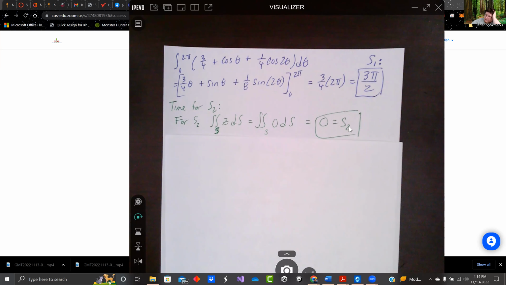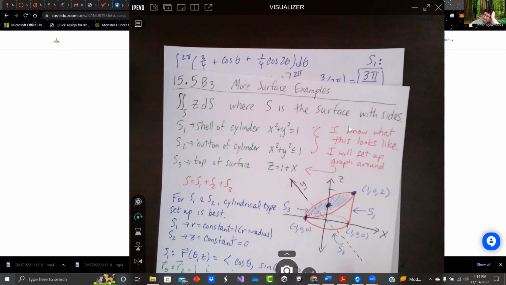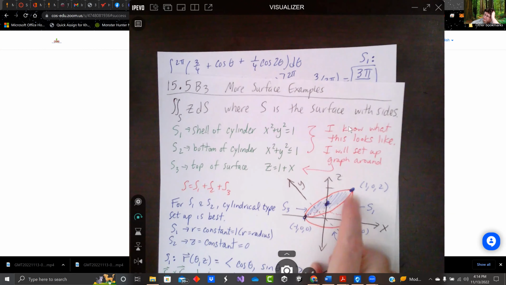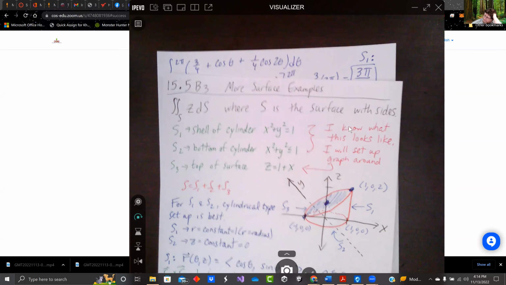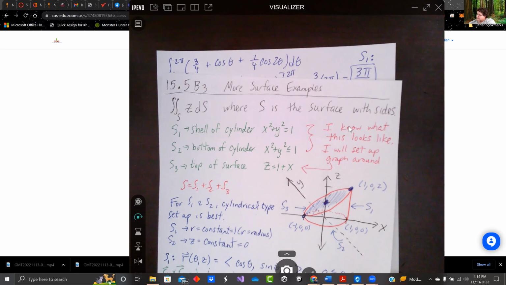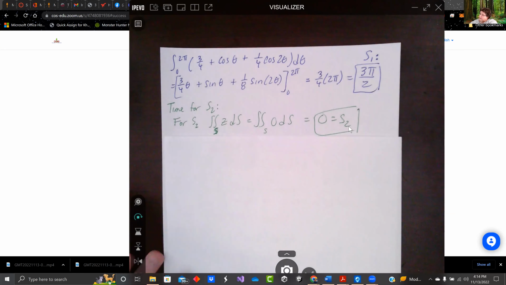So finally, we have that diagonal surface here, where it looks like z is a function of x and y. Let's take a look at how we're going to do it.